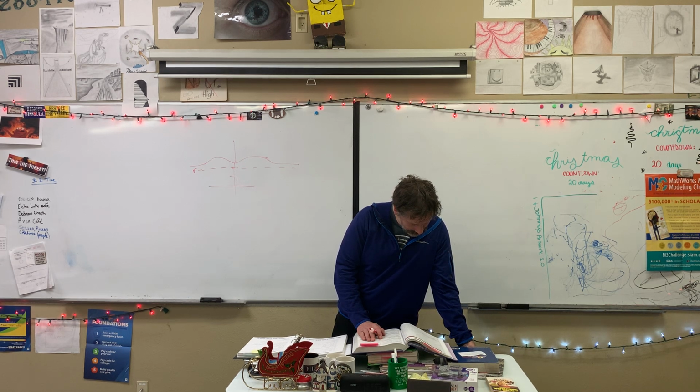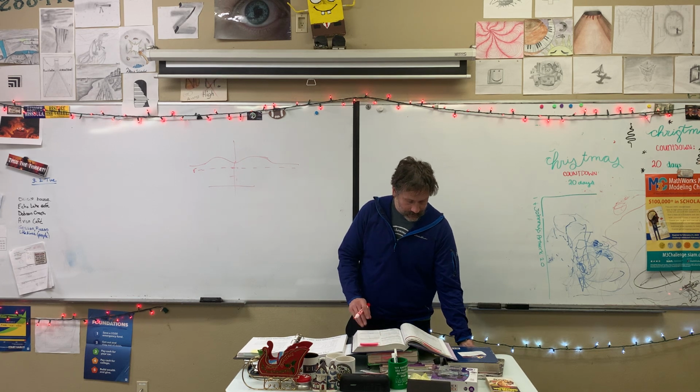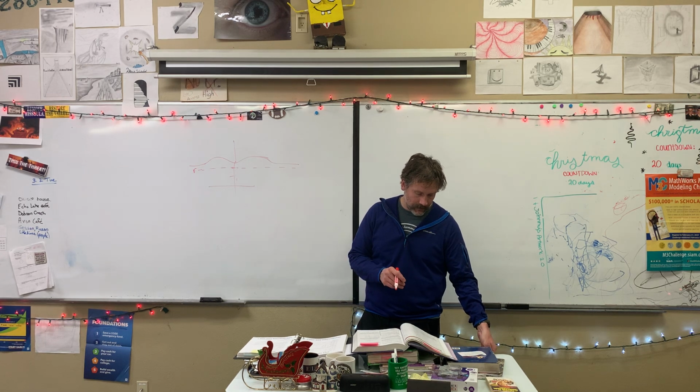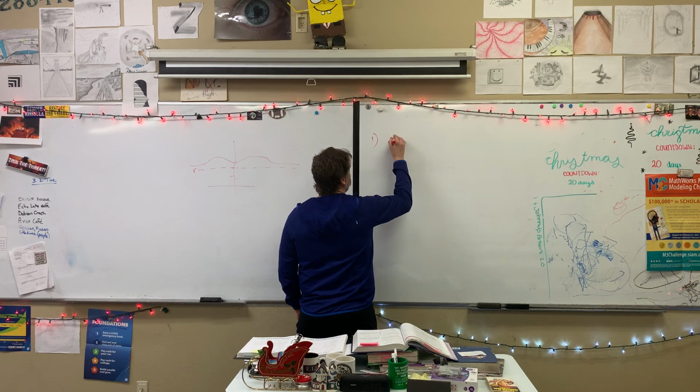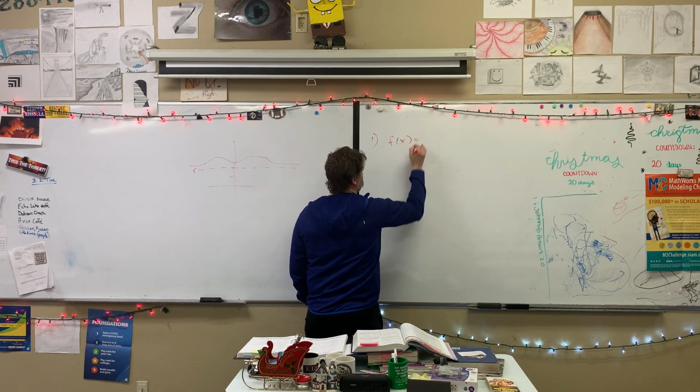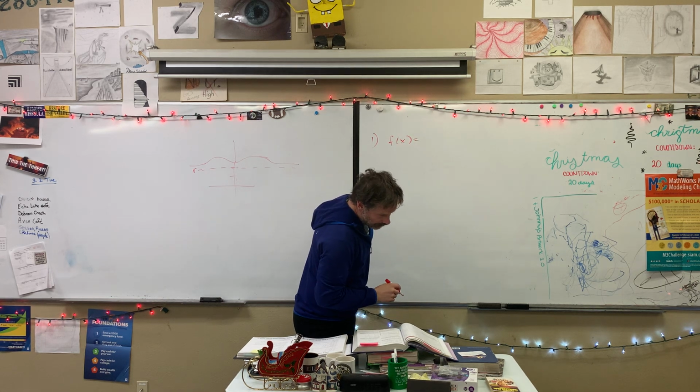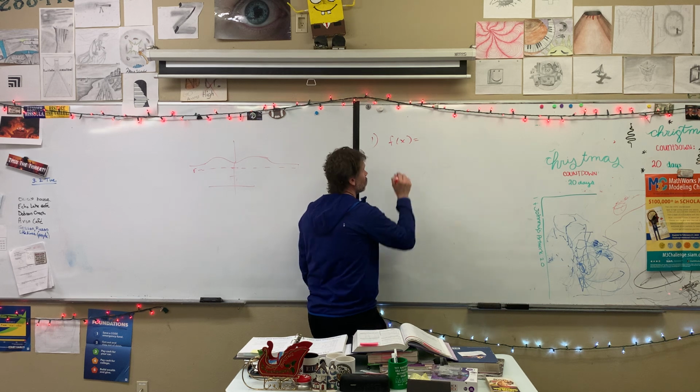A lot of them have 2 involved, like the 2x squared. So let's take a look at number 1, and it says f of x is equal to 2x squared over x squared plus 2.